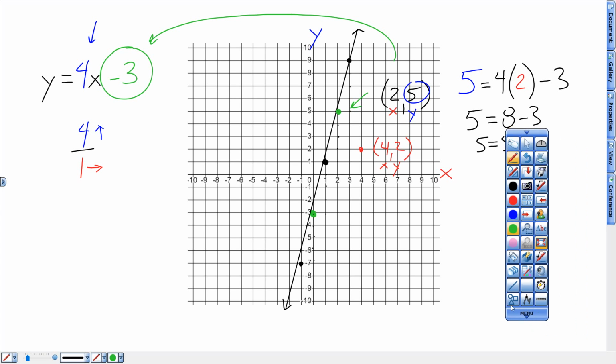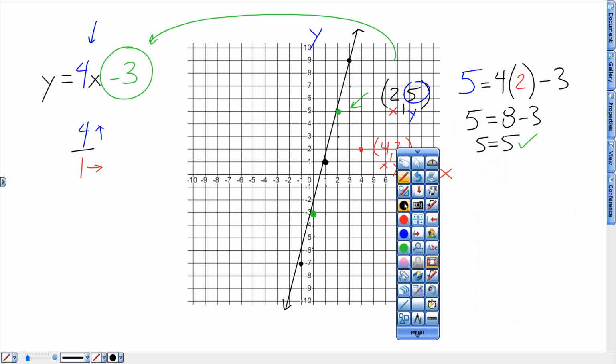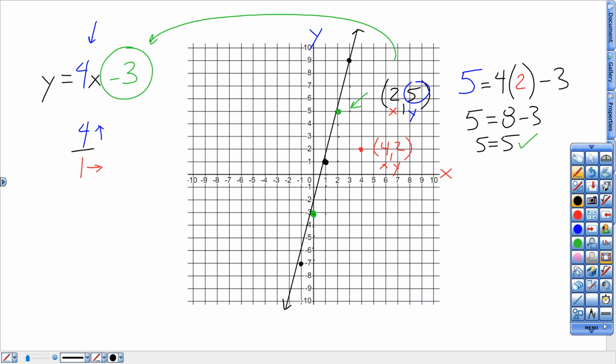Any point on that line will give you a situation like that, will make the equation work, will be a solution to that equation. Any point not on the line, like this one, if I plug in the y number there and the x number there, so 4 for x, 2 for y, into that same equation, it's going to give me a false statement. 2 is no way equal to 16 minus 3. 2 is no way equal to 13.